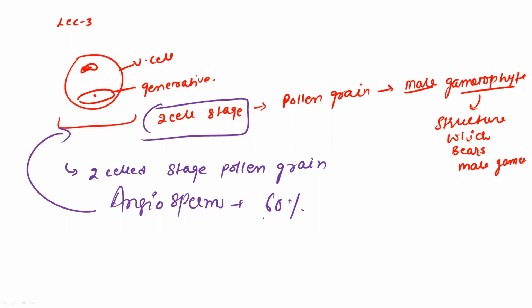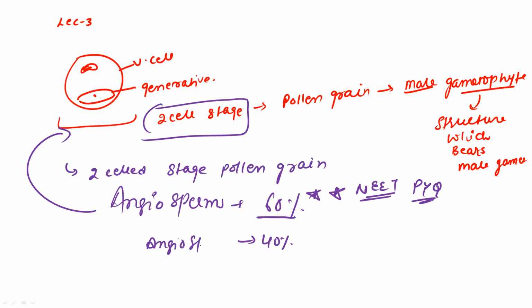Very important. This is very important because we will get such a question in the PYQ section. Okay, fine. And the rest of the 40% of angiosperms release the pollen grain at the three-celled stage.